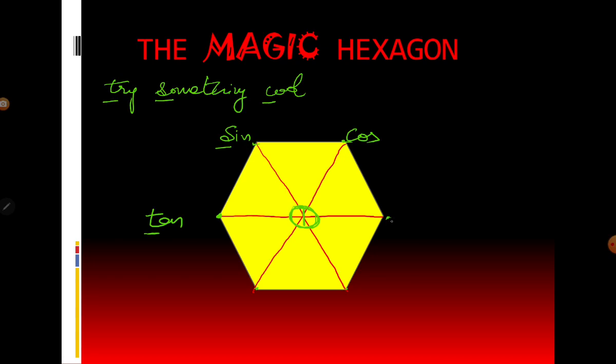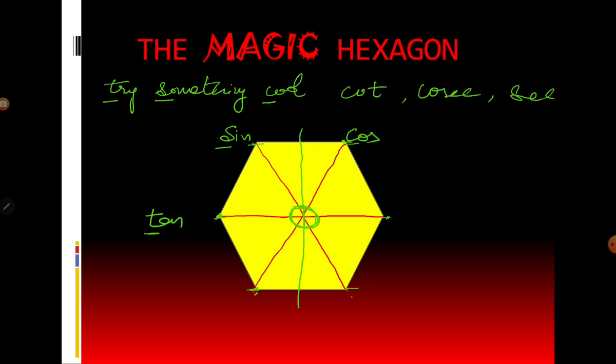Remaining 3 functions are left now. So now I have cotangent, then cosecant, then secant. If I put one vertical line in the middle, then I get 3 vertices on the left side and 3 on the right side.